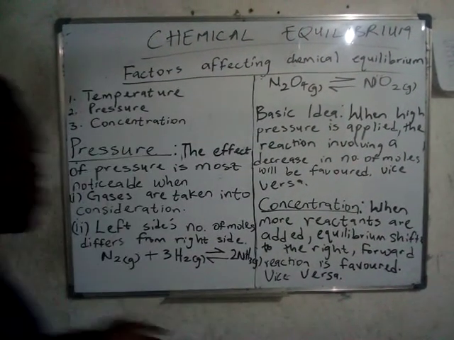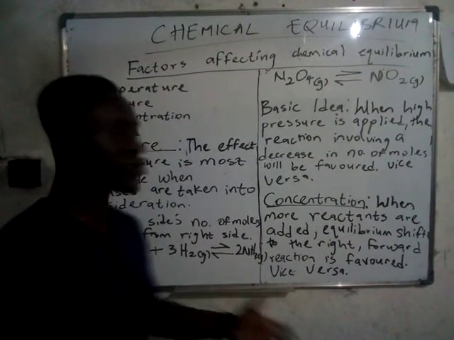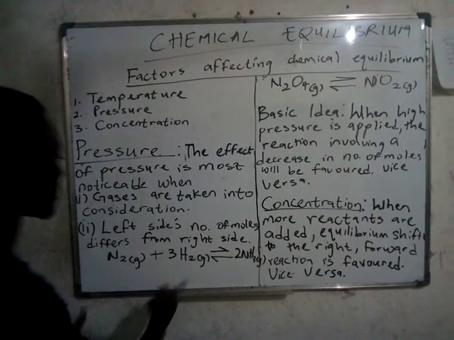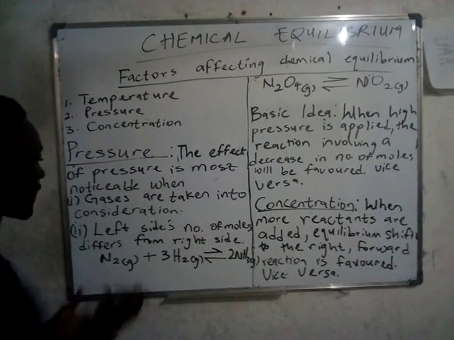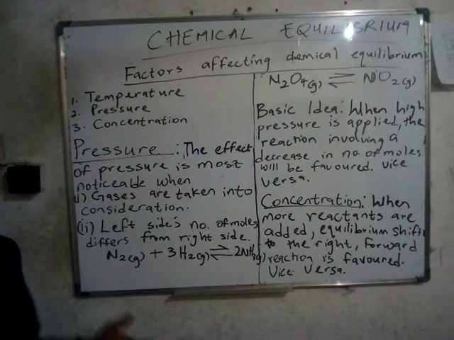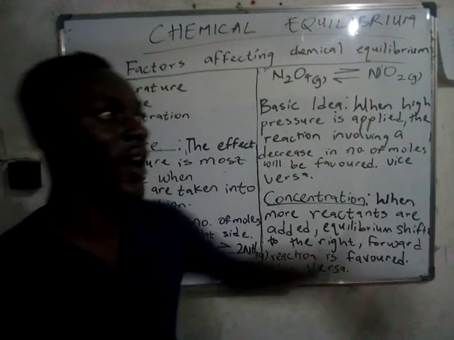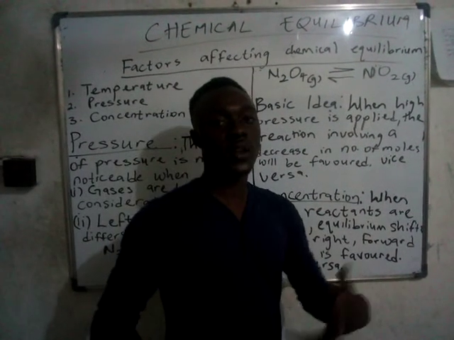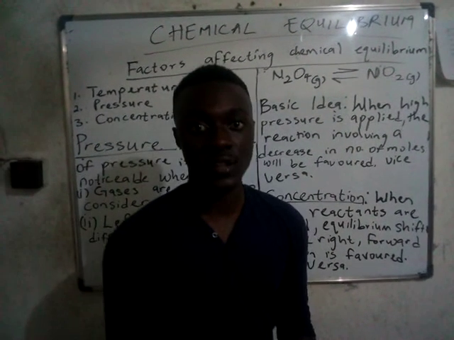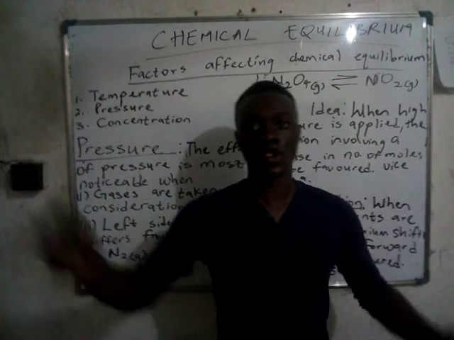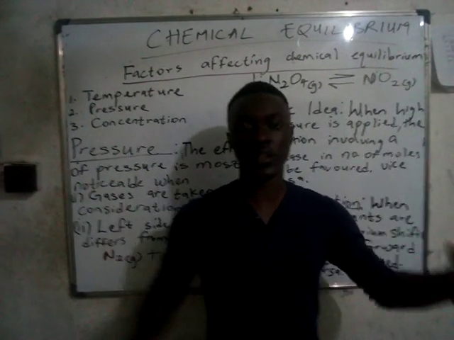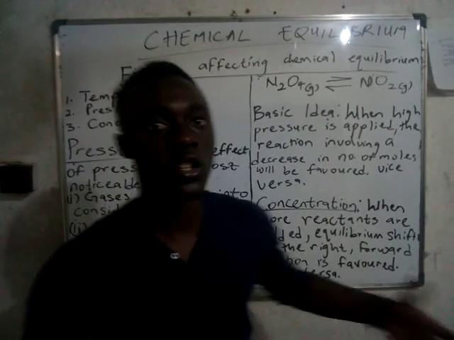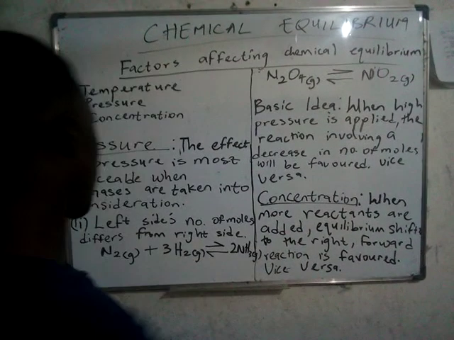For example, 4 moles on one side and 3 or 2 on the other, than when you have, in general, an equal number of moles on both sides.